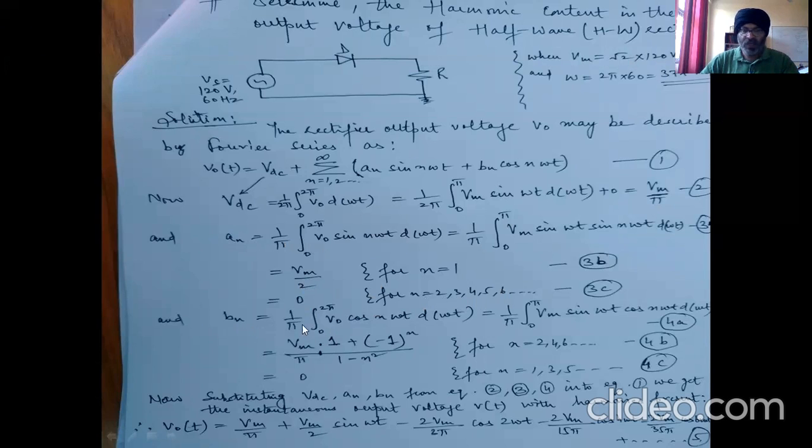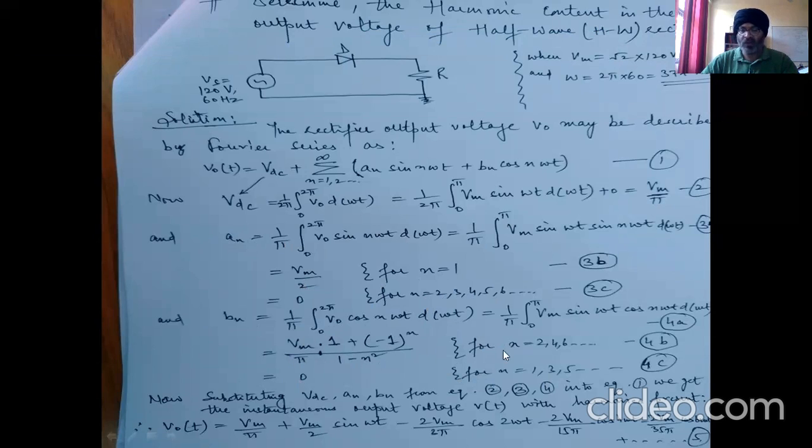And then we can calculate Bn, the cosinusoidal coefficients, and for odd harmonics it is 0.